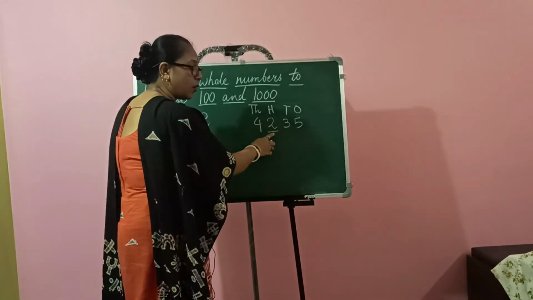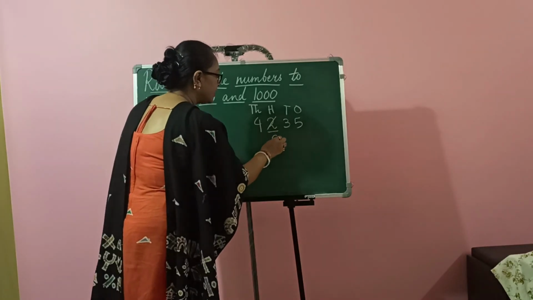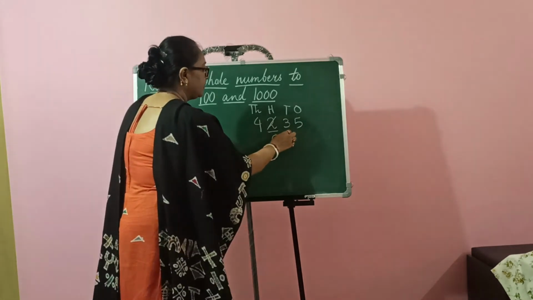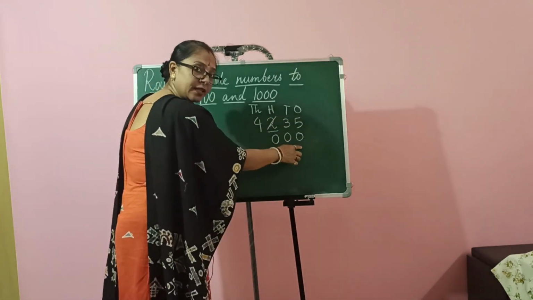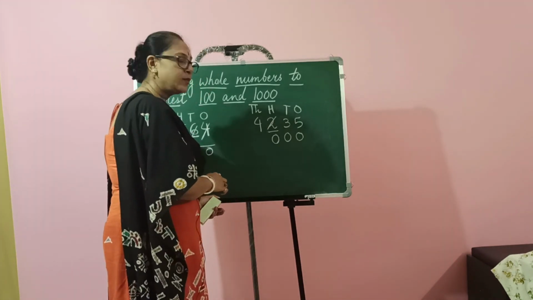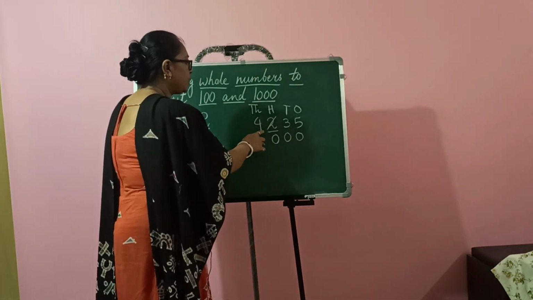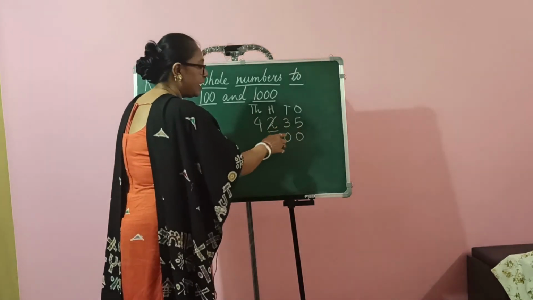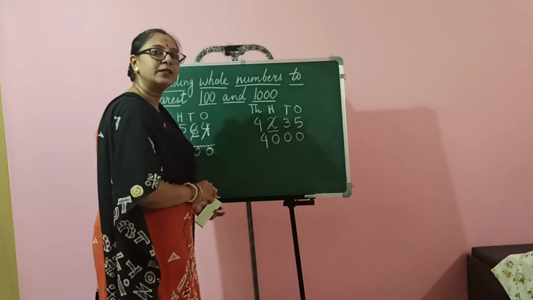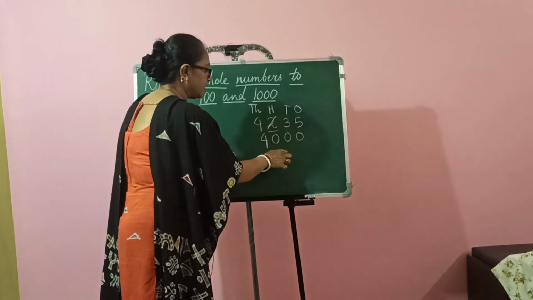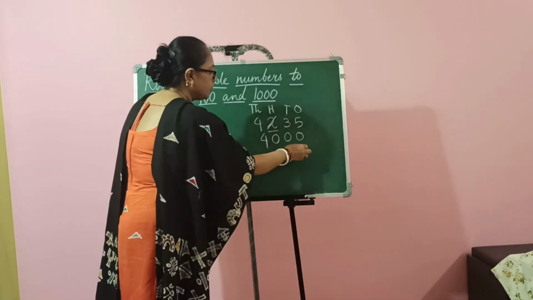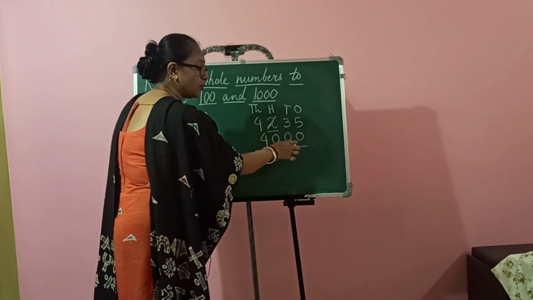When we round it down, the remaining digits become 0. We round down in terms of thousands. So 4235 is very close to 4000. The remaining digits become 0 and we have 4 here. So it is rounded down to 4000.